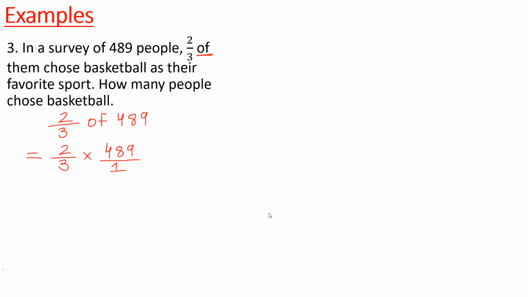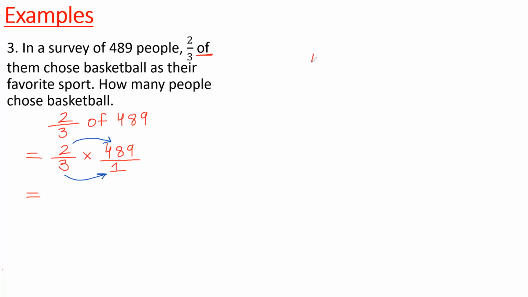Let me use a different color. So we have to multiply the numerators. So we say 2 times 489. And 3 times 1, right? So this is going to be equal to... 2 times 489 is what? 978. 2 times 489.